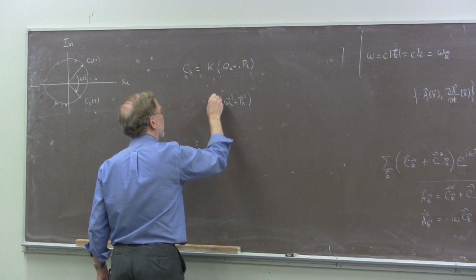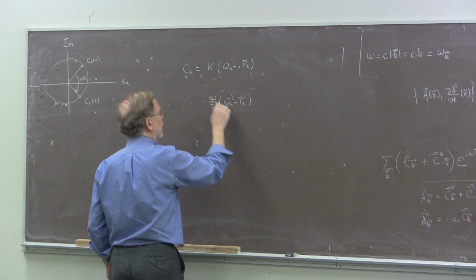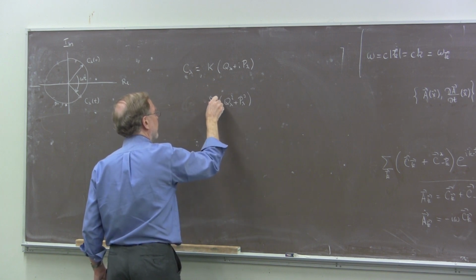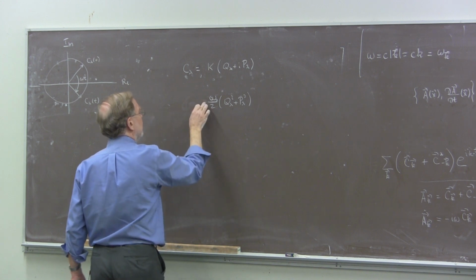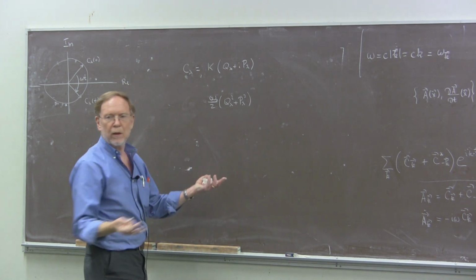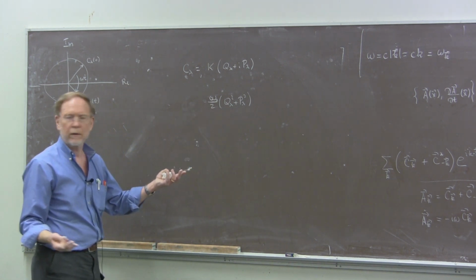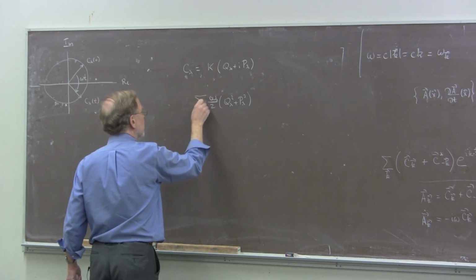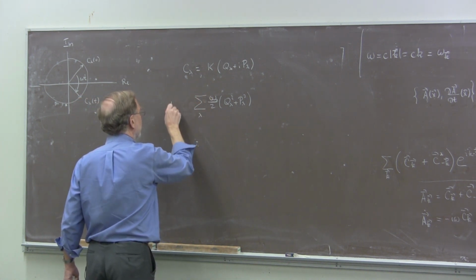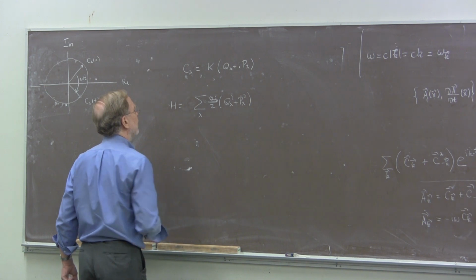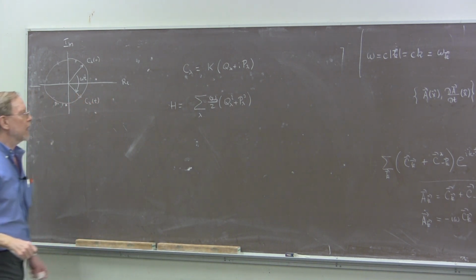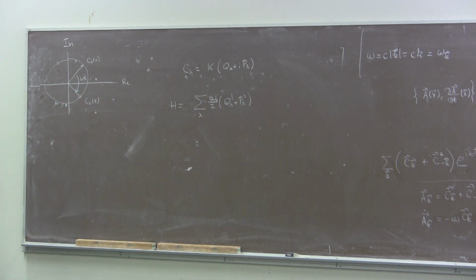Like this. And omega, of course, depends on k, which is contained in lambda. I can put omega sub lambda here if you want to emphasize that. So then the Hamiltonian for all the modes, which are all independent of each other in the free field, is going to be a sum over lambda like this. And this should be the Hamiltonian like that. So we guess the Hamiltonian, but this is the Hamiltonian for the electromagnetic field.